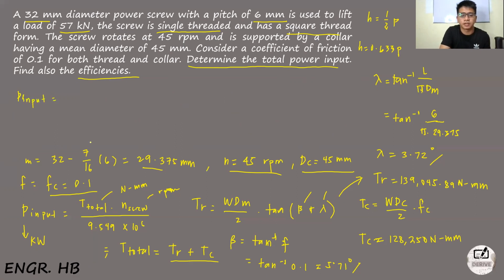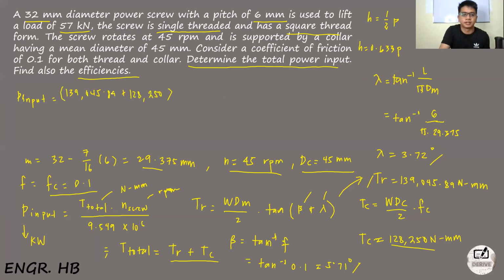So ayan. So our power input will be, so malapit na tayong matapos. Is total torque TR plus TC. So you have the TR here, 139,045.89 plus TC. You have the 128,250 here.